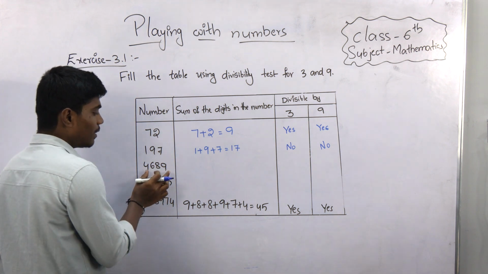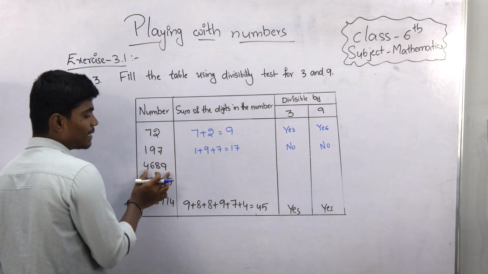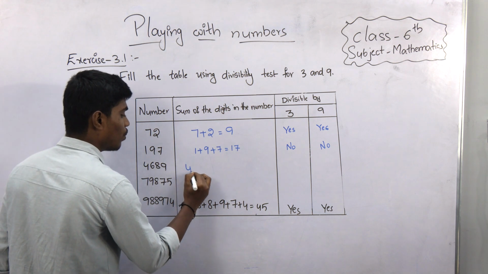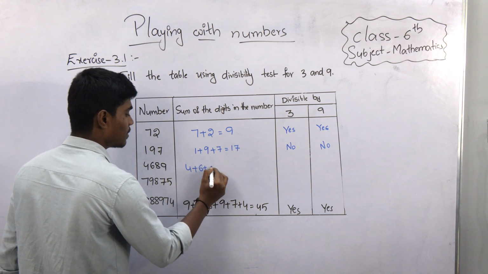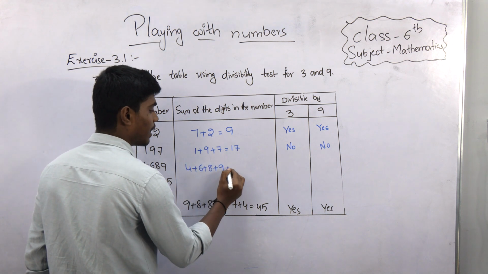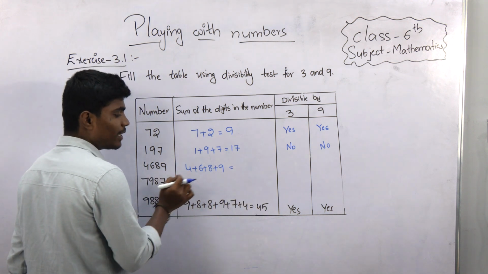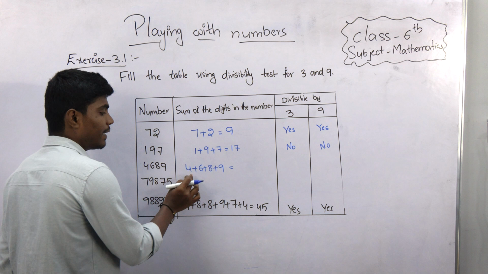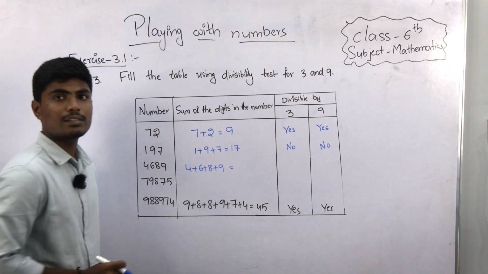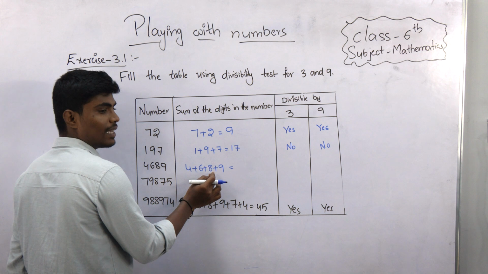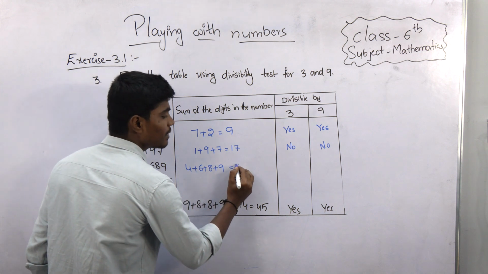Okay. Here next, 4, 6, 8, 9. We have to find the sum of the digits. So 4 plus 6 plus 8 plus 9. Okay. 6 plus 4 is 10. 10 plus 9 is 19. 19 plus 8 is 27.